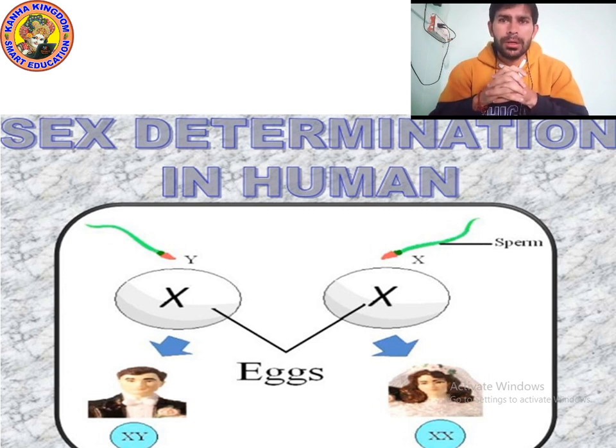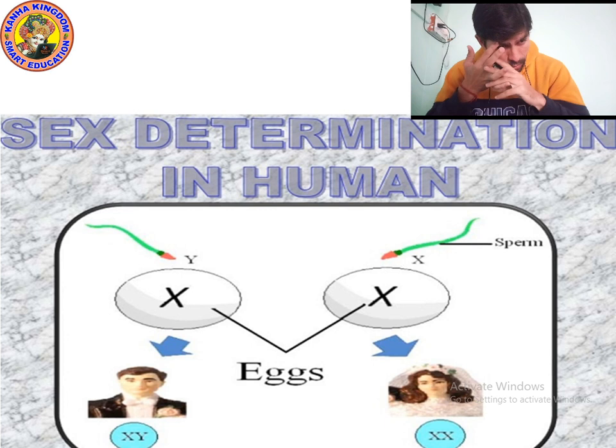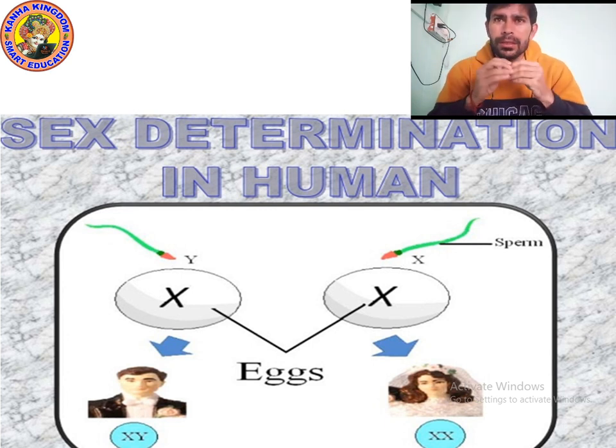Let's talk about growth hormone. The pituitary gland releases a hormone called growth hormone, which is necessary for the normal growth of a person. The height increases due to this hormone.